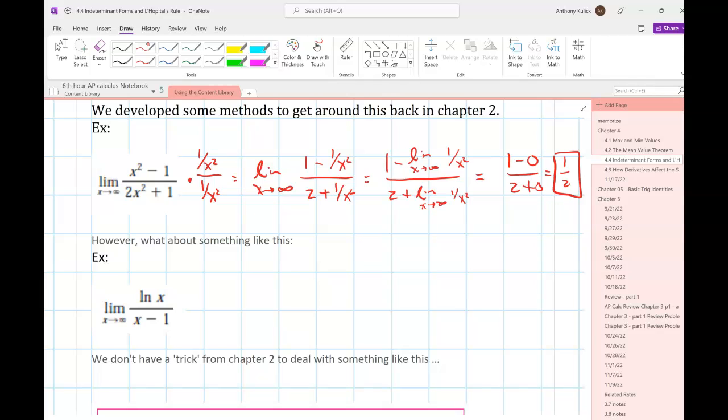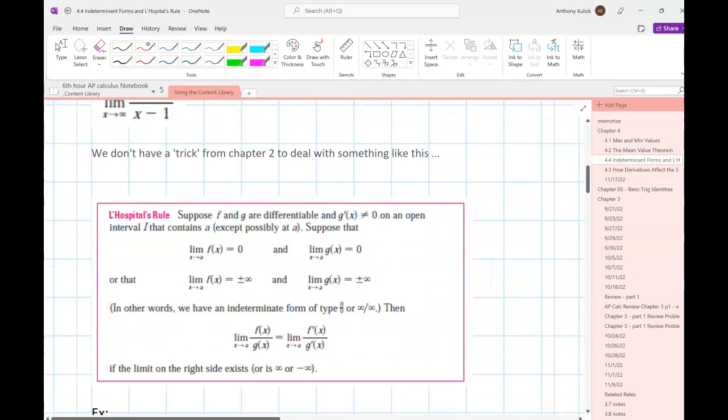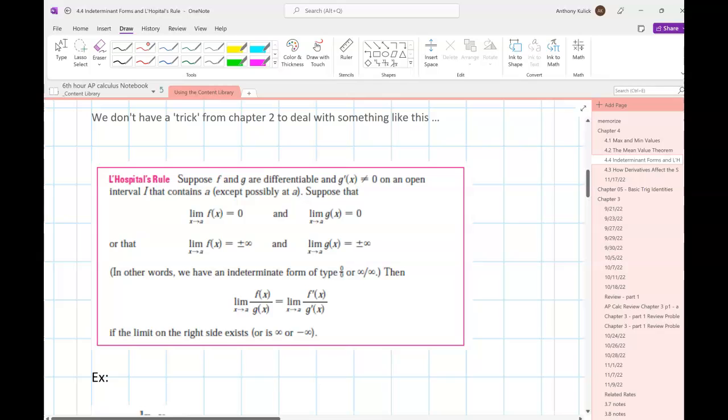So, what are we going to do? Well, this is the trick. It's called L'Hopital's rule. It says that suppose f and g are differentiable and the derivative of g is not 0 on some open interval I that contains a. So all I need is that those two functions are differentiable on some interval that contains where we're heading to in the limit.